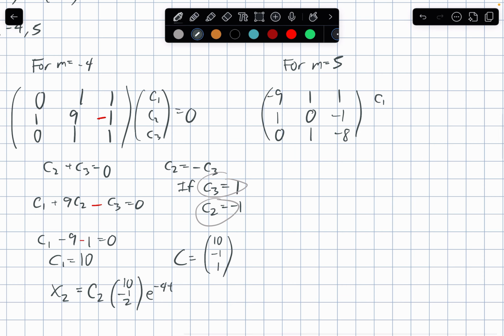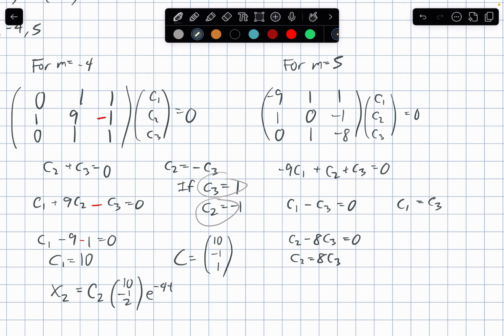Okay, c1, c2, c3, and then 0. Negative 9 c1 plus c2 plus c3 equal to 0. c1 minus c3 equal to 0. We can say c1 is equal to c3. c2 minus 8c3 equal to 0. c2 equal to 8c3.